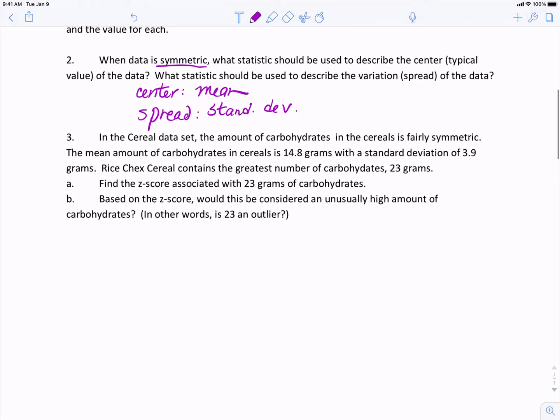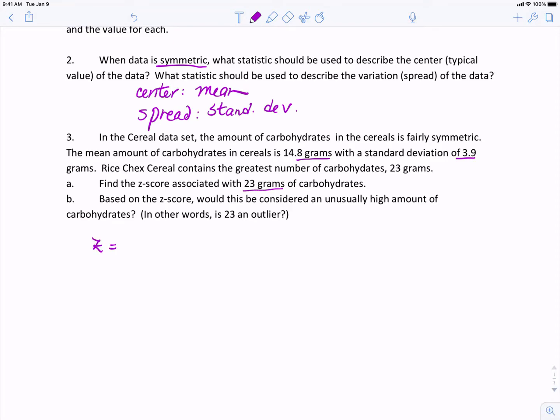The next one. In the cereal data, the amount of carbohydrates in the cereals is fairly symmetric, with a mean of 14.8 and a standard deviation of 3.9. Rice Chex cereal contains the greatest number of carbohydrates at 23 grams. First, find the z-score associated with 23 grams of carbohydrates.